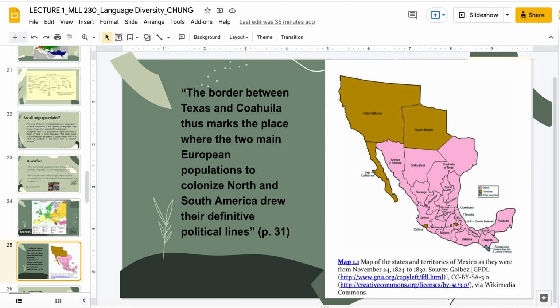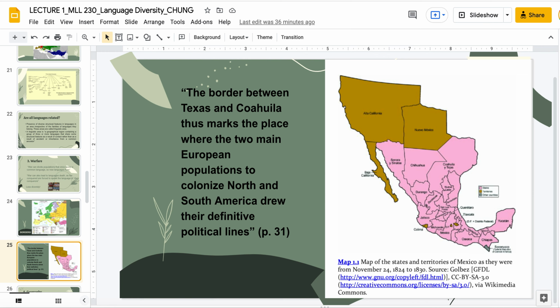Just to bring it back home, and this is in your textbook, but the borders of the United States and Mexico were drawn from political lines, right? So it wasn't that the United States always looked this way and Mexico always looked this way.